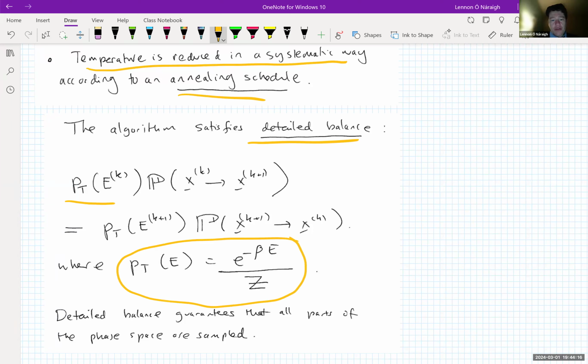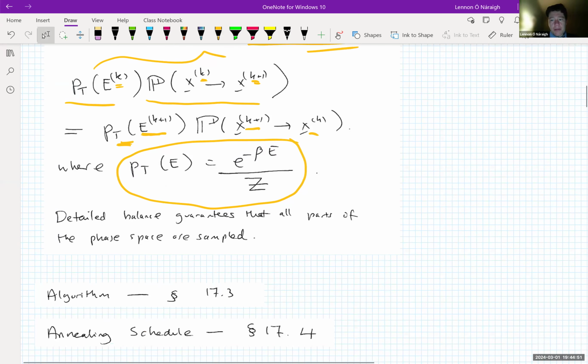So PT times the transition probability to go from xk to xk plus 1 is equal to everything flipped around: it's equal to the Boltzmann probability evaluated at Ek plus 1 times the transition probability to go from k plus 1 to k. So this combination of probabilities is the same after you flip around the k and the k plus 1. This is called the detailed balance property.